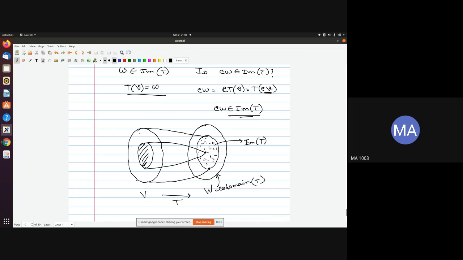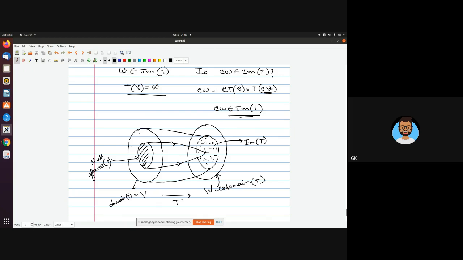This is V, the whole thing, the domain of T. This is the null space, whatever is going to 0. So this is the full pictorial representation. Is this diagram clear to everyone?